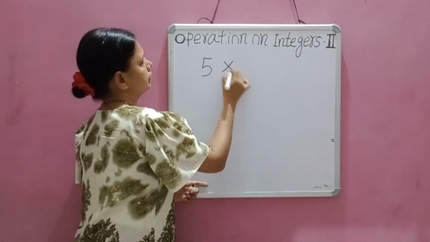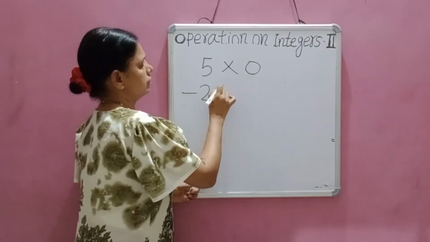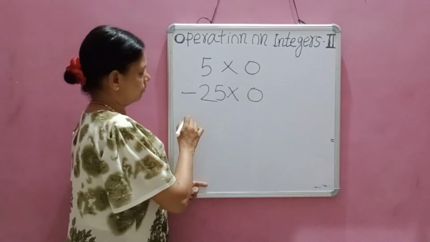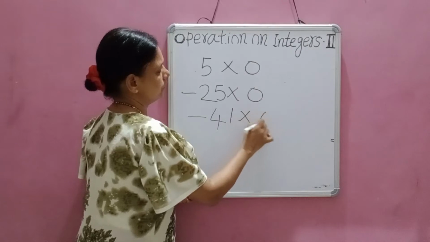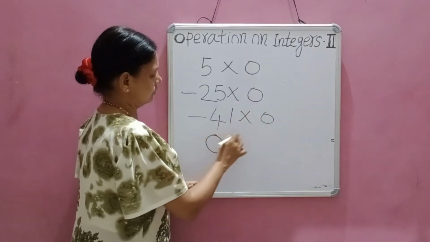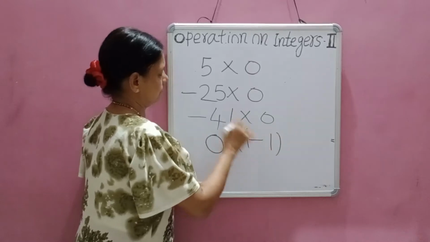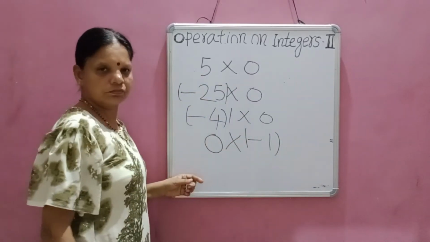5 into 0, minus 25 into 0, minus 41 into 0, 0 into minus 1. What is the answer for all this, do you know?